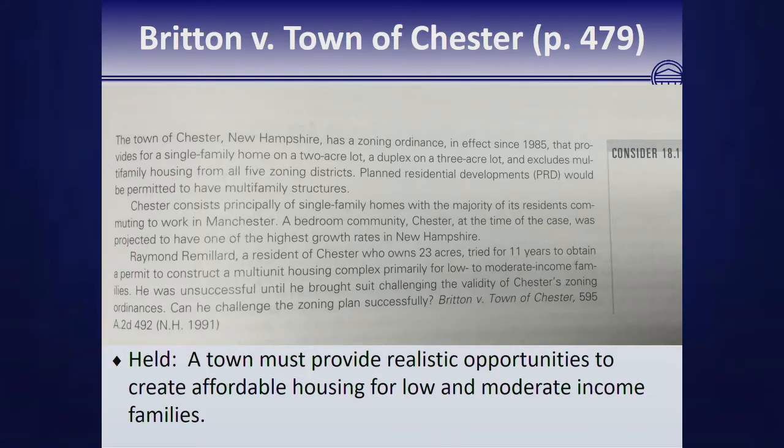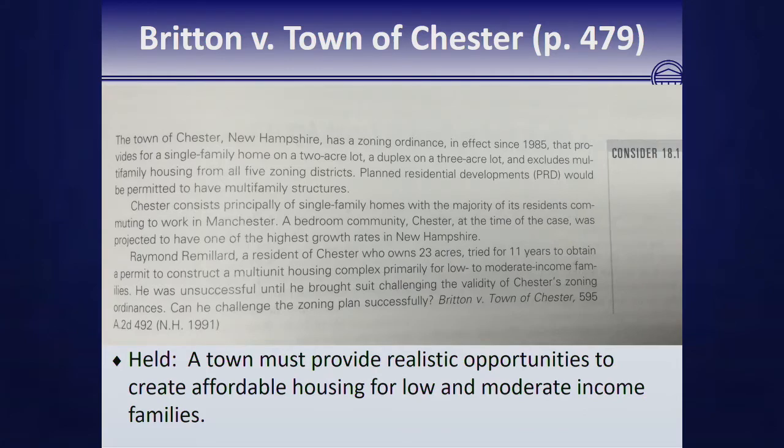Chester, at the time of the case, was projected to have one of the highest growth rates in New Hampshire. So Ray Millard, a resident of Chester, owns 23 acres, and he tried for 11 years to obtain a permit to construct a multi-unit housing complex, primarily for low and moderate income families.